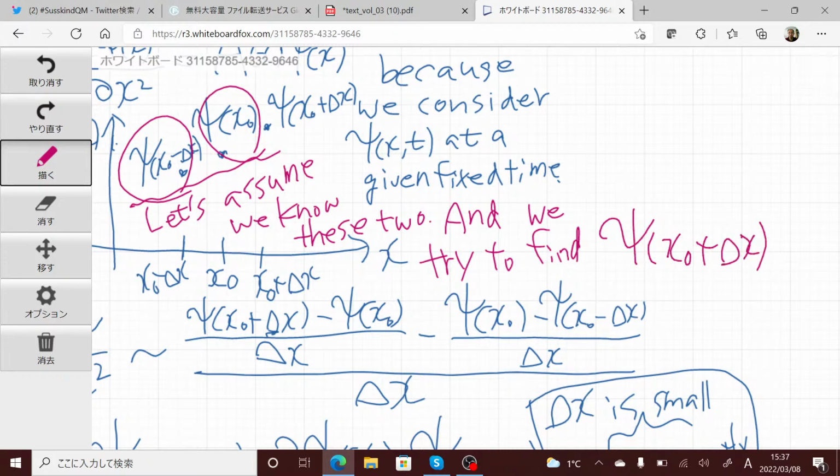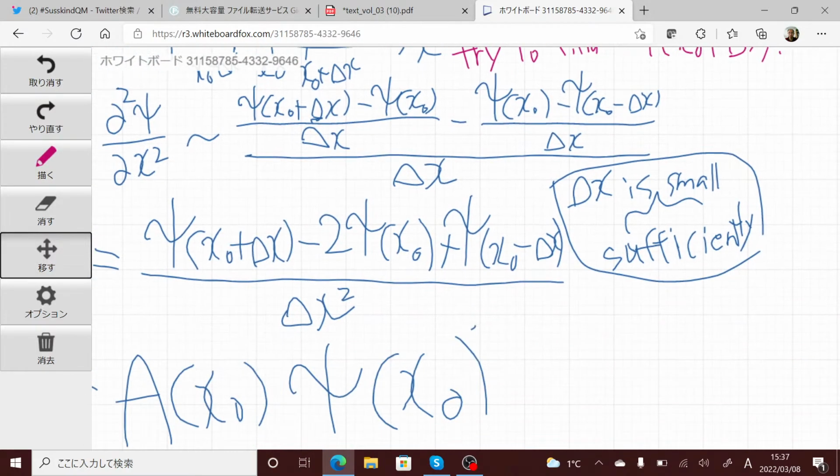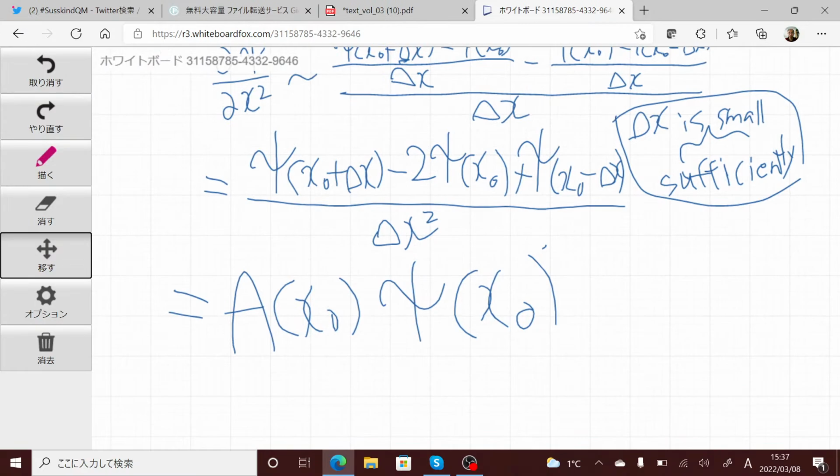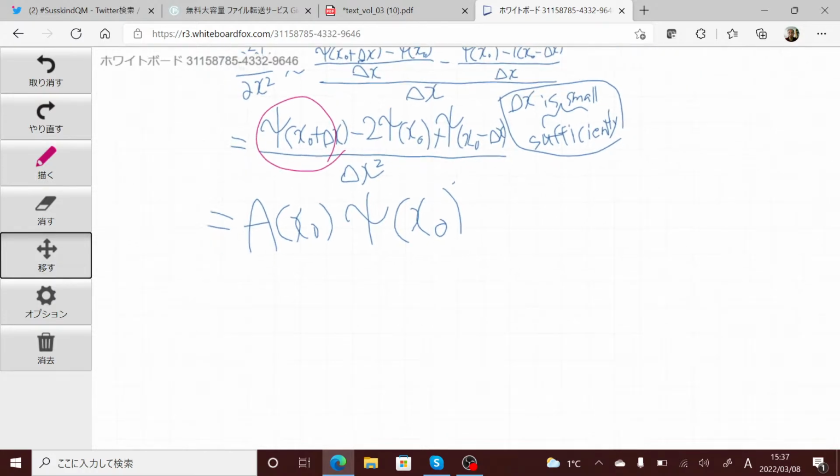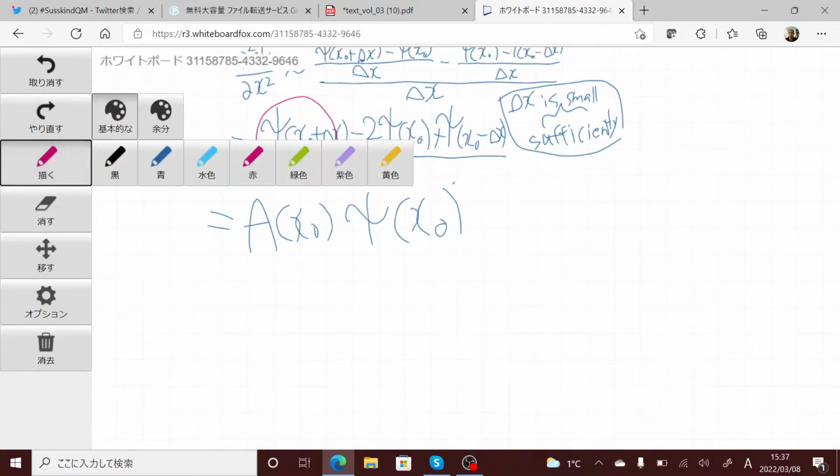Okay, this is what we should do. This is what we have to find. So then we can solve the equation for this.